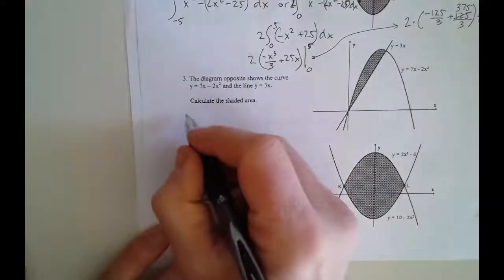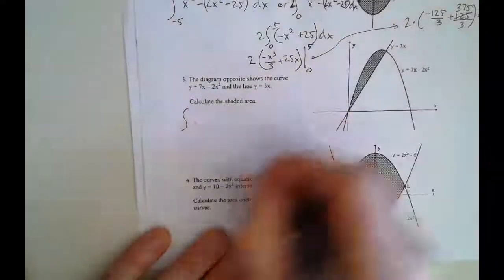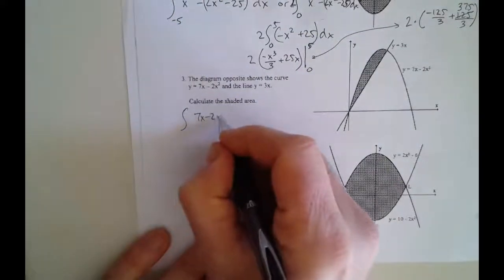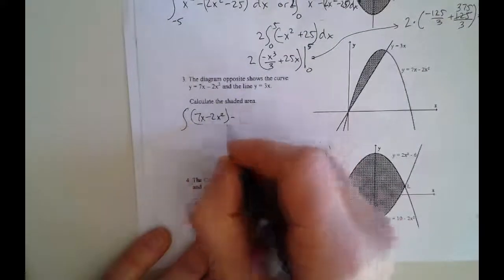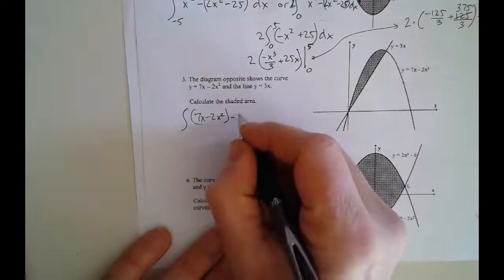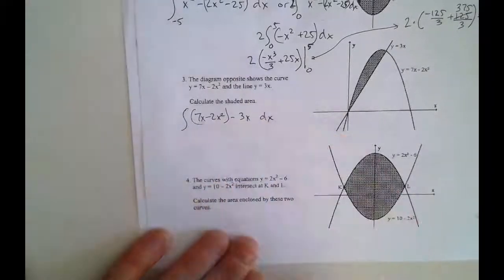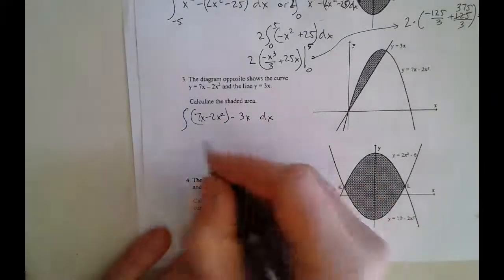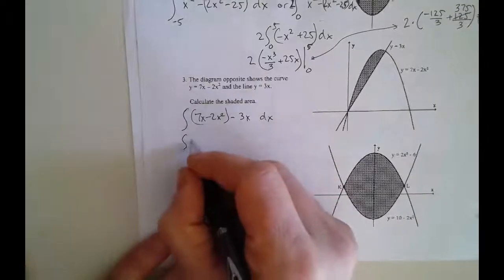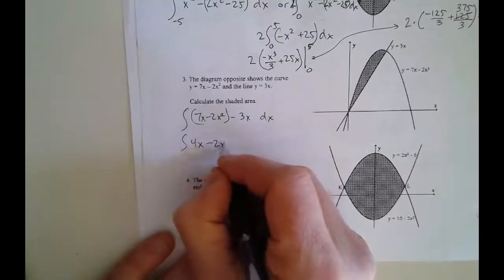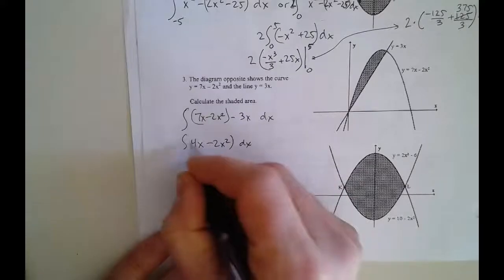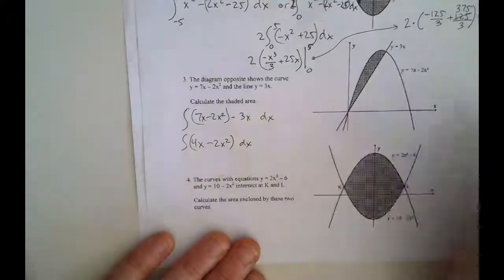Okay, so let's see, next one. No symmetry here, so I'm just going to have to do it as it stands. Upper bound minus the lower bound, dx. I have some like terms, so I'll combine those. So I'm going to have 4x minus 2x squared dx. Then I just have to figure out where those bounds are.